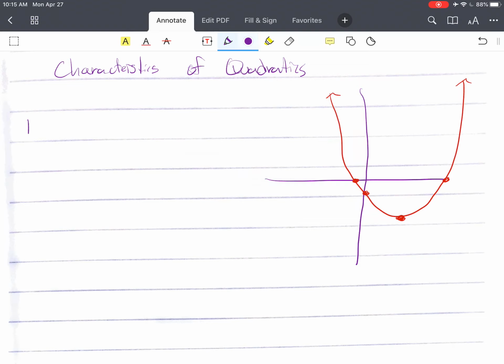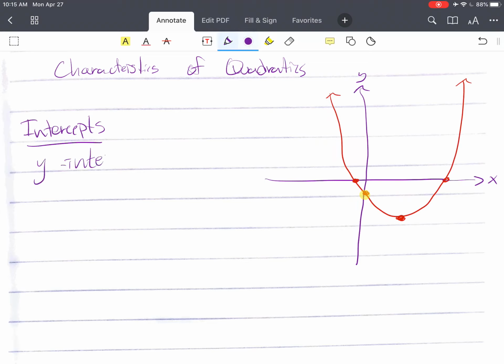Okay, so the first thing we're going to be looking at in terms of characteristics are the intercepts. Now, if you've forgotten what an intercept is, it's just where it's crossing the x-axis or the y-axis. If you notice on the y-axis, I'm going to use the color yellow.